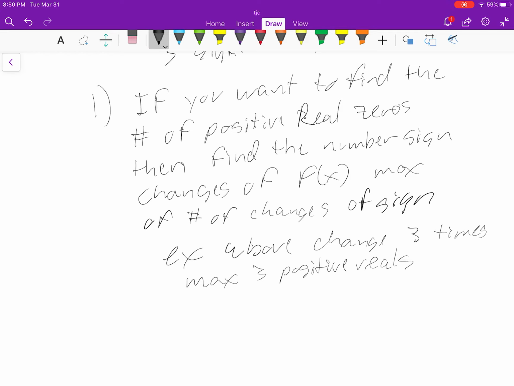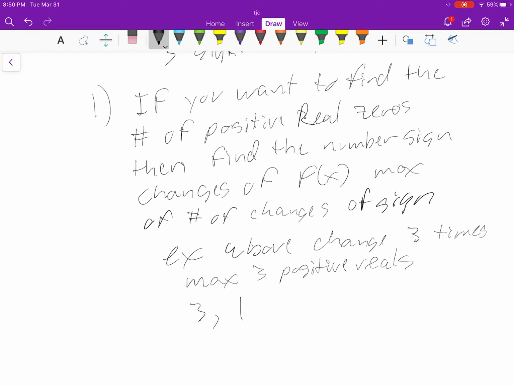Now, we can do a little bit better than this by combining this with another rule. Remember, if there aren't real solutions, then there are going to be complex solutions, imaginary solutions, and those always come in pairs. So we'll either have 3 solutions or 1 solution, because you have to have paired imaginary solutions.